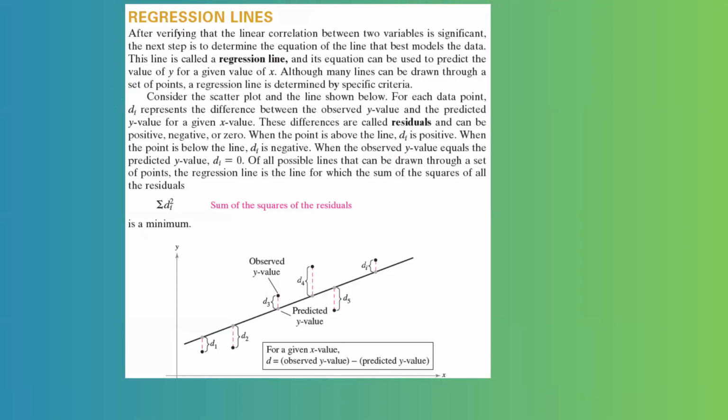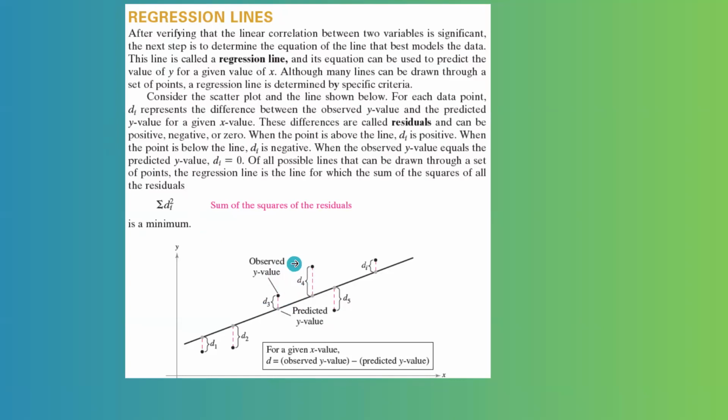For each data point, d sub i represents the difference between the observed y value and the predicted y value for a given x value. These differences are called residuals and can be positive, negative, or zero. When the point is above the line, d sub i is positive. So here, above the line, the d sub i's are positive.